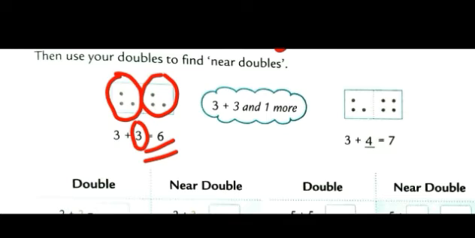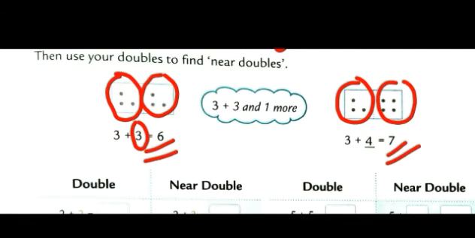That means plus 1, 4. We will add 4. So 3 dots will remain the same, and instead of adding 3 dots, we will add 1 more. That is 4. So we will get the answer 7, which is called near to double.